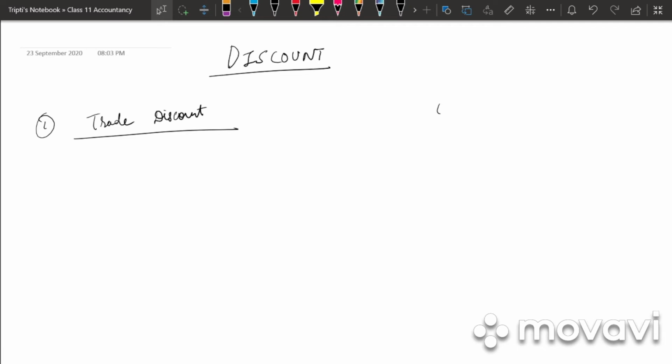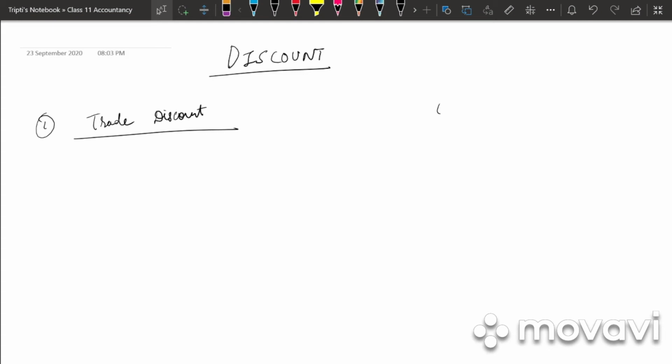Under that, write down this discount is allowed by wholesaler or manufacturer to the retailer at a fixed percentage on the listed price of goods. Full stop. It is allowed when goods are purchased in large quantity.